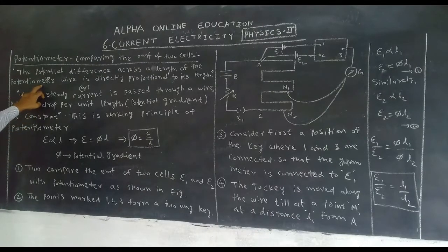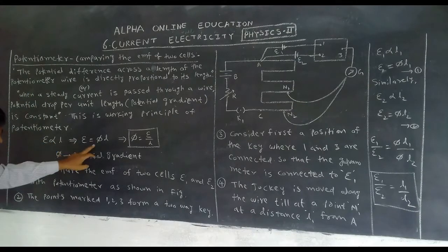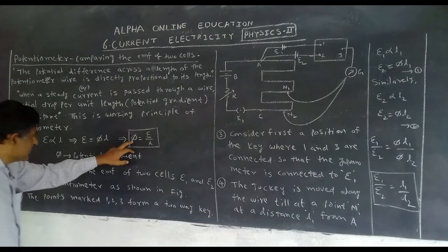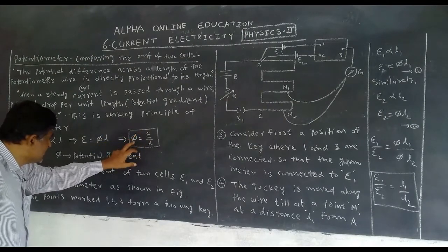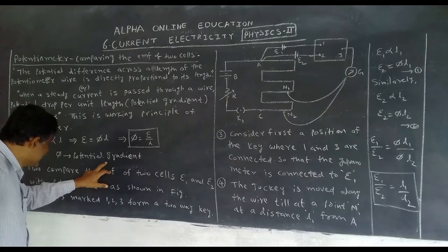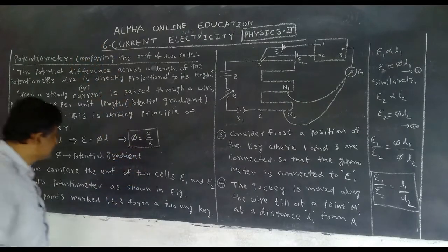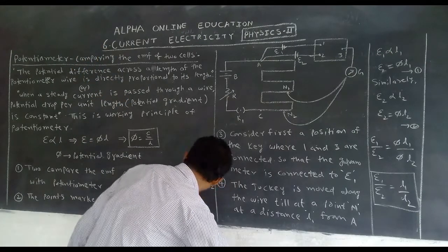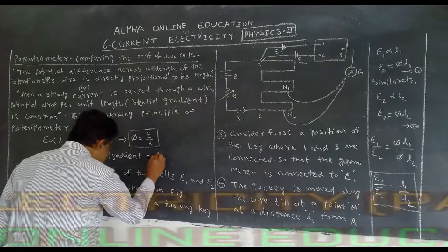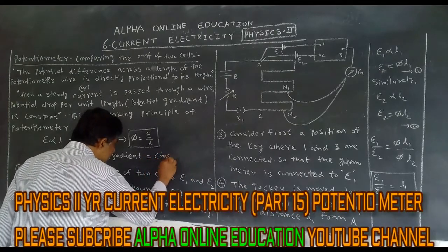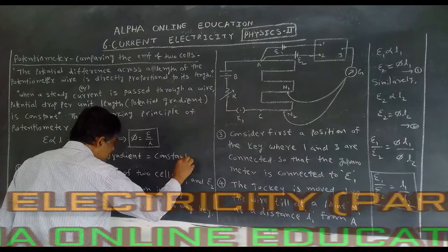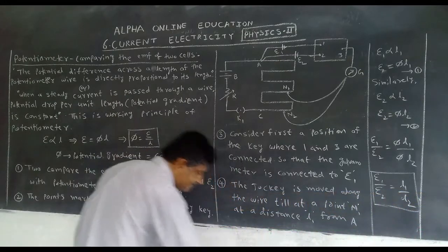For the first statement, this is the equation. If you remove the proportionality, we will get one constant, that is phi. Phi is equal to E by L. This phi is called potential gradient. It is constant. Are you followed? For the second statement, this is the explanation.